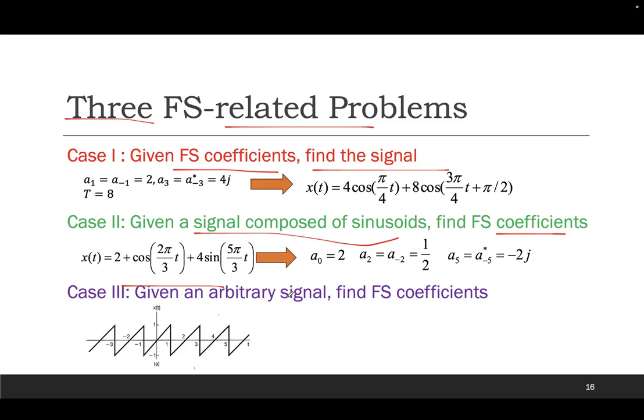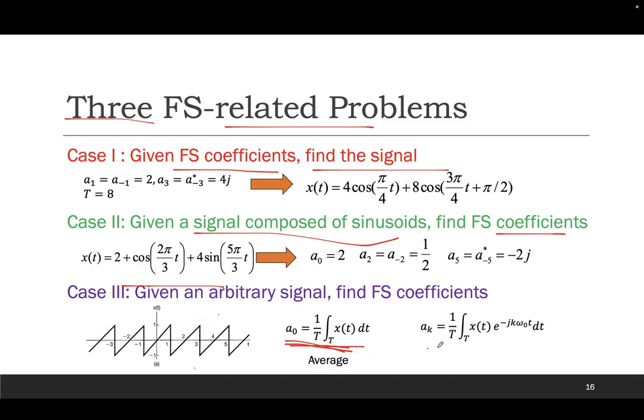For this one, you should use the two often used FS pairs. Firstly, you should calculate the signal separately.